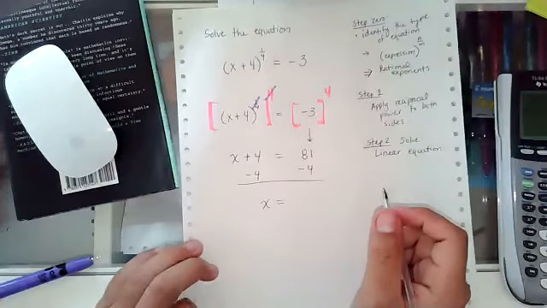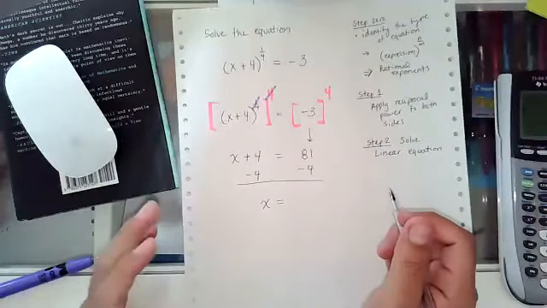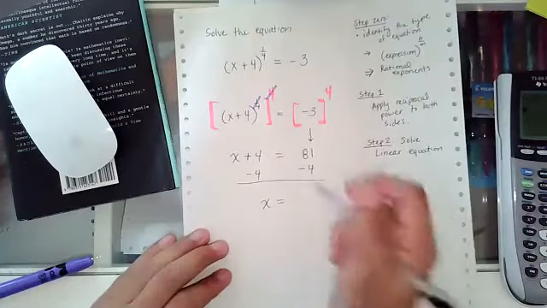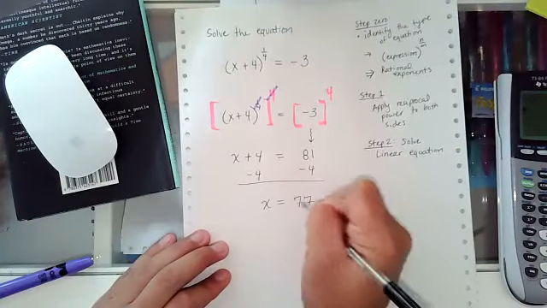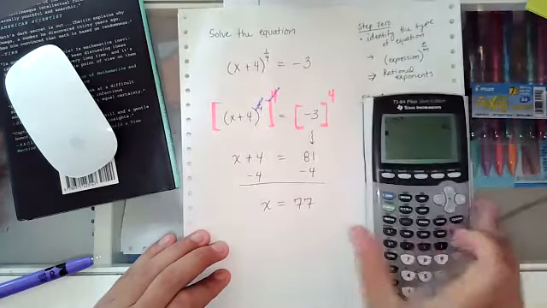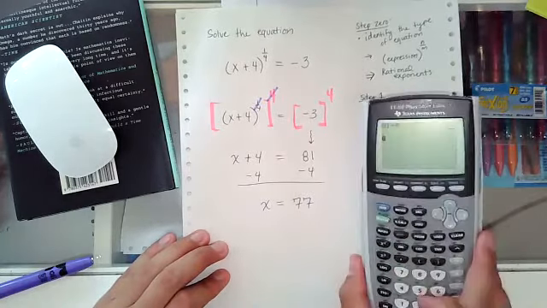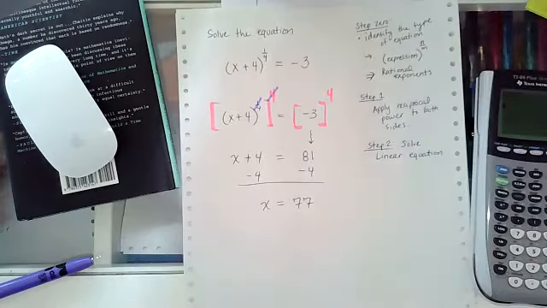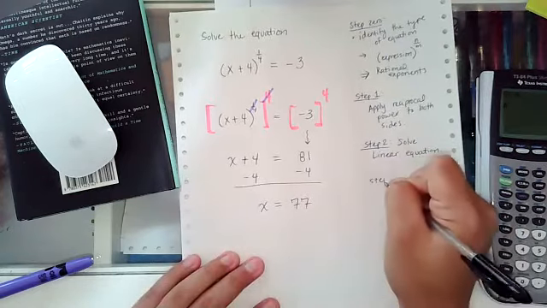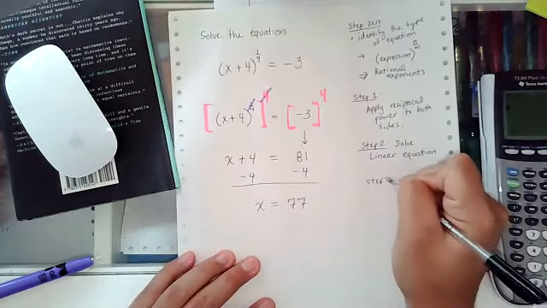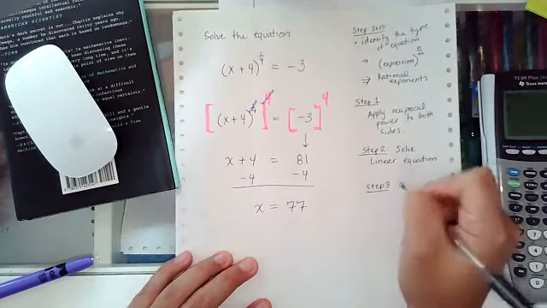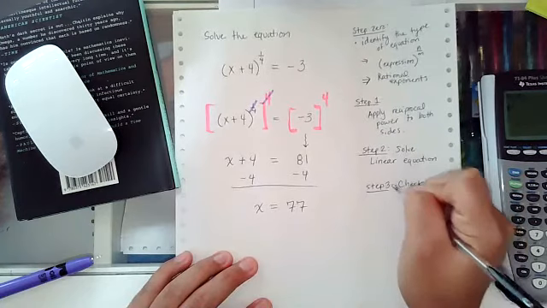You take 1 away, you're at 80, and then you take 3 away, and you're at 77. And then just because I don't trust my brain, 81 minus 4 is 77. That's our solution.